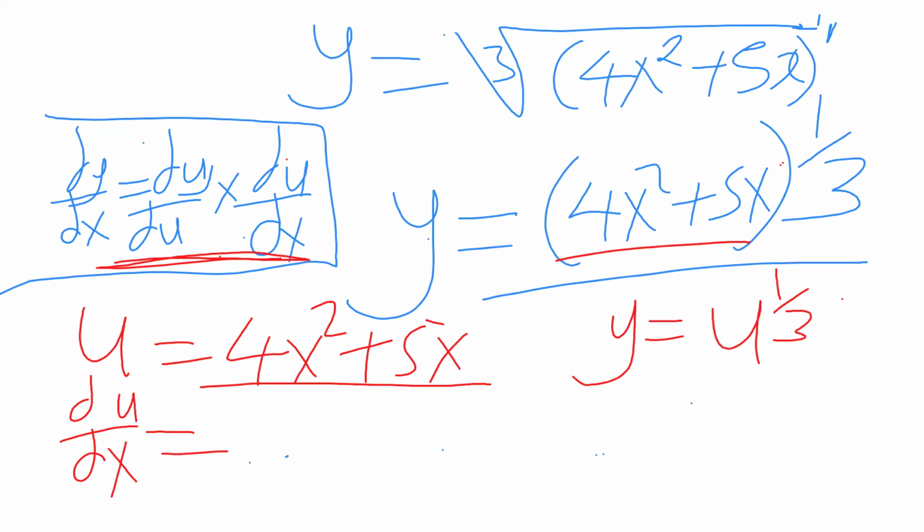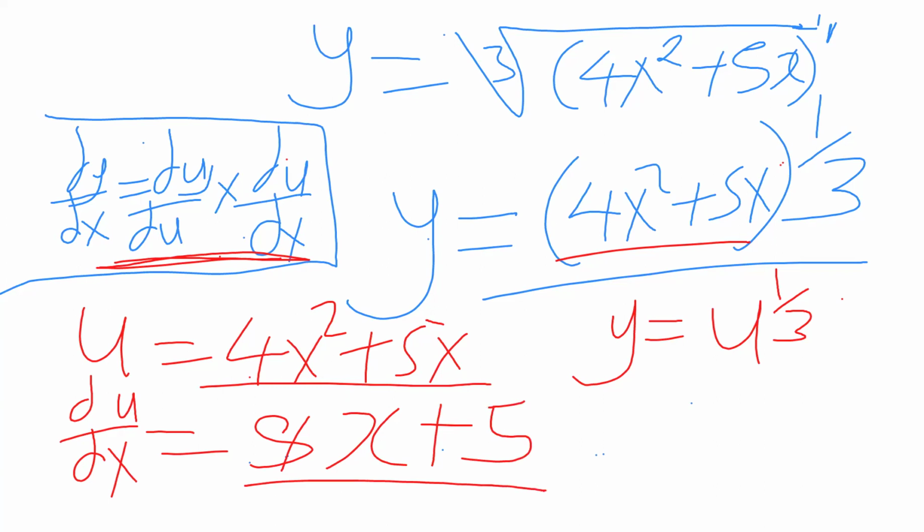Is that all? Yeah, so you drop the power, 2 times 4, it will be 8 what? 8x plus 5, isn't it? It will be 8x plus 5. That's du over dx.